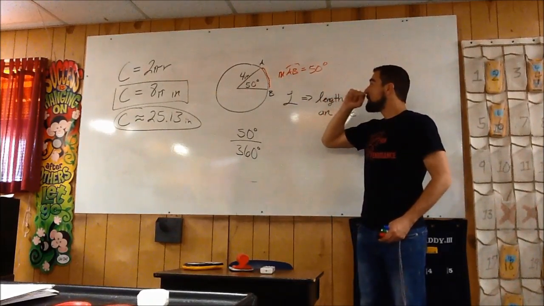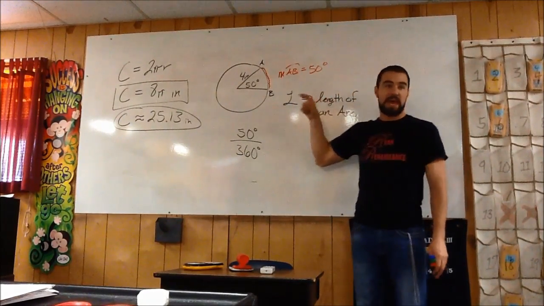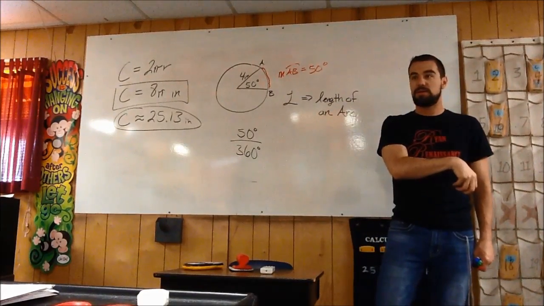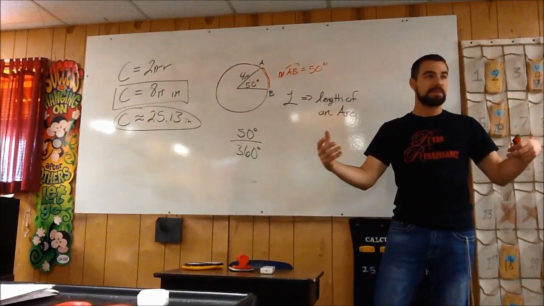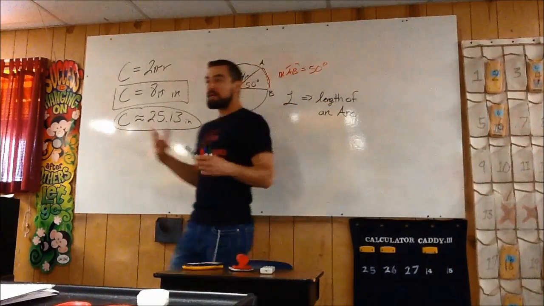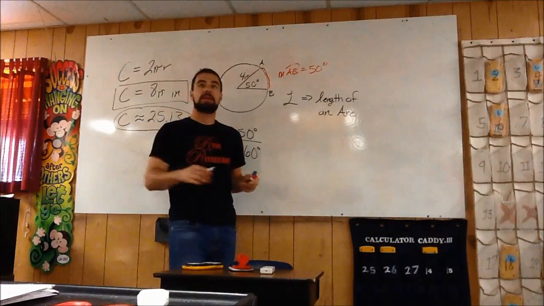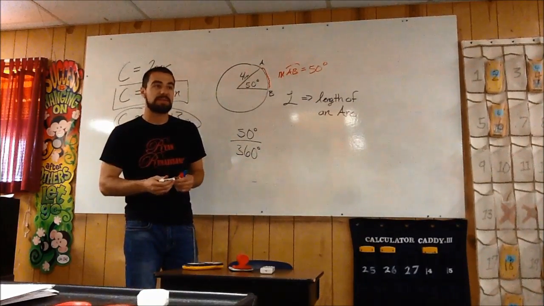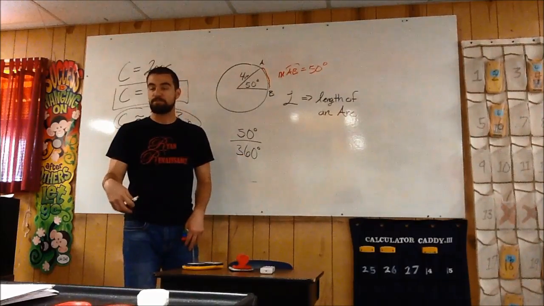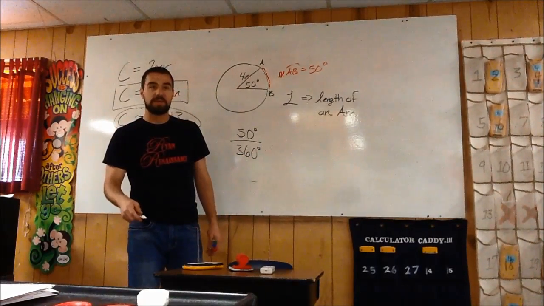Well, the length of that arc is going to be taking up the same percentage of the whole circumference, because these are proportional. So however much of the measure it's taken up out of the 360, it's going to take up the same percentage, the same ratio from the circumference.